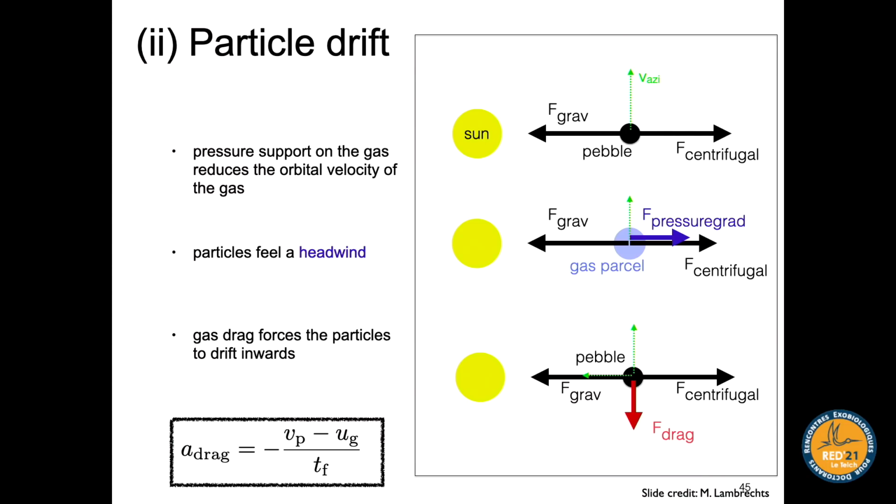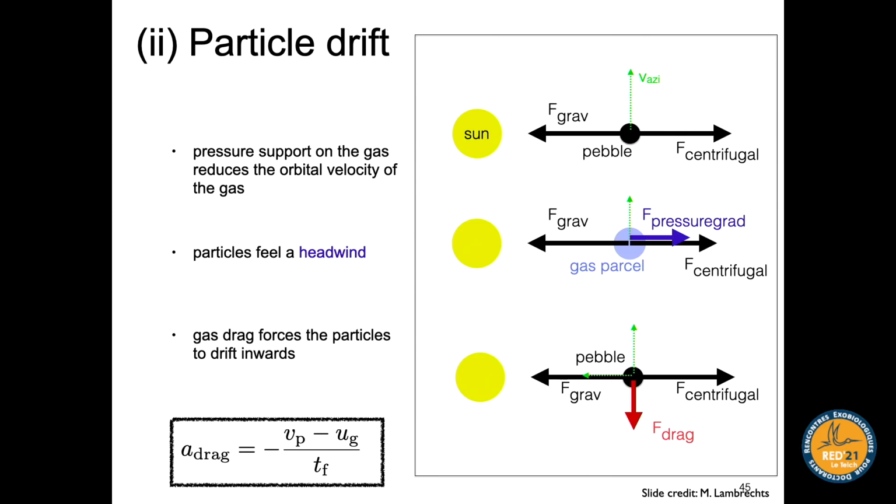As I was mentioning before, gas orbits at a certain speed. That speed is basically following a gravitational path, but it has an extra pressure support, because gas closer to the star is a little hotter, and so it pushes outward a little bit on the next bit of gas.